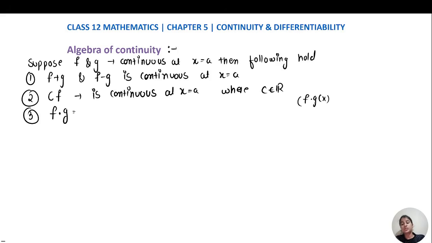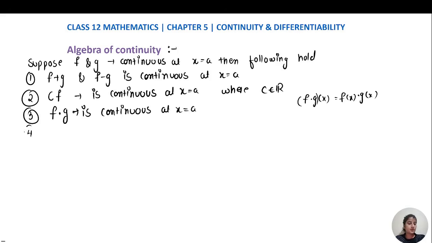It is not composition, it's just multiplication of functions. It is defined as f of x dot g of x. Now, if f and g both are continuous at a, then f times g is also continuous at x equals a.